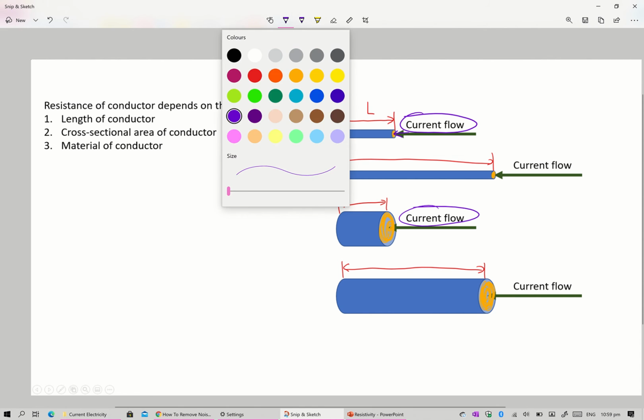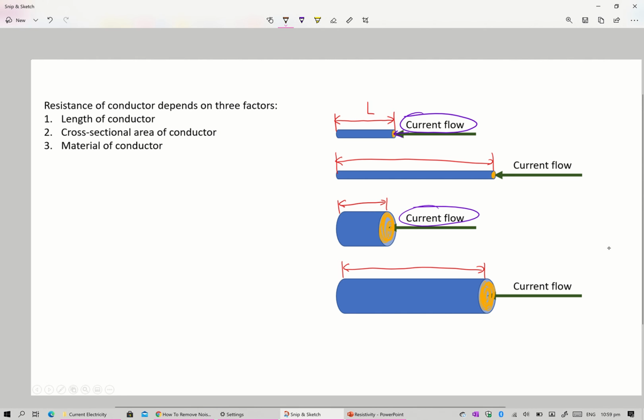Now, what if I give you another illustration? I give you a cube. Sorry, a rectangular block, and the current now flows here. This is the current flow.